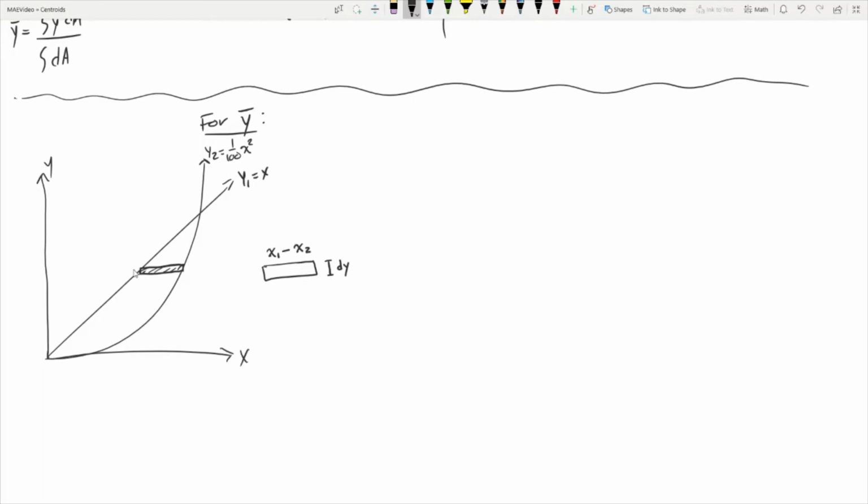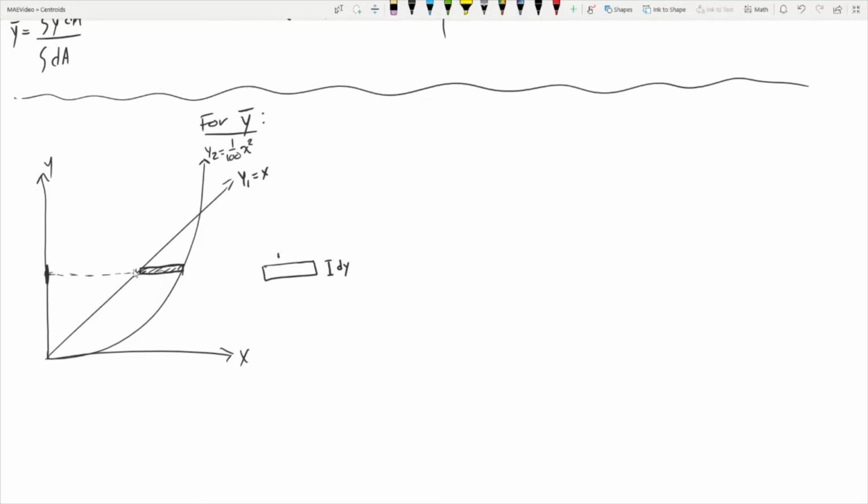So that is the distance from the y axis to this y2 line, minus the distance from the y axis to this y1 line, because that is going to leave us with the resultant length inside here.